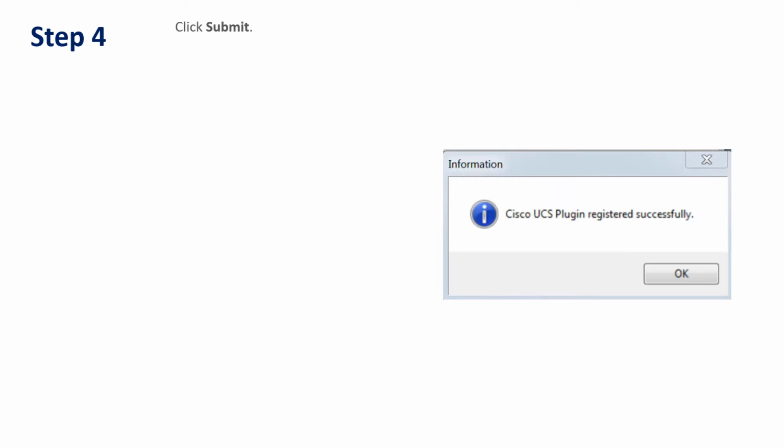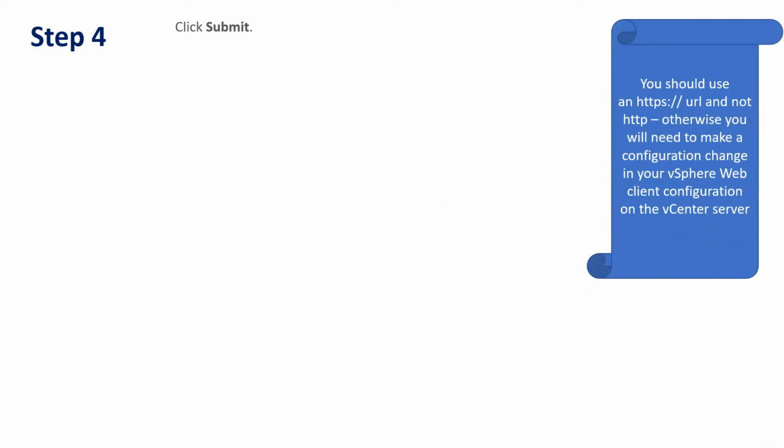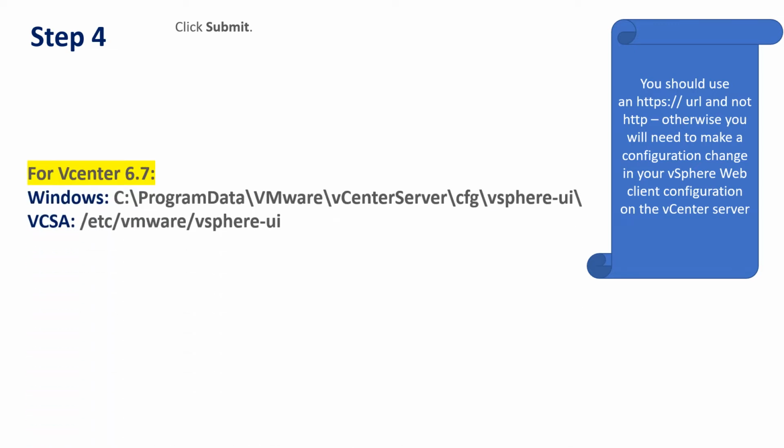In this case, if you are not using an HTTPS URL for the Cisco UCS plugin, then you need to make some configuration changes at the vCenter level. You need to edit the web client properties file inside the vCenter Windows or vCenter appliance. I have given the location of the vCenter web client properties file.